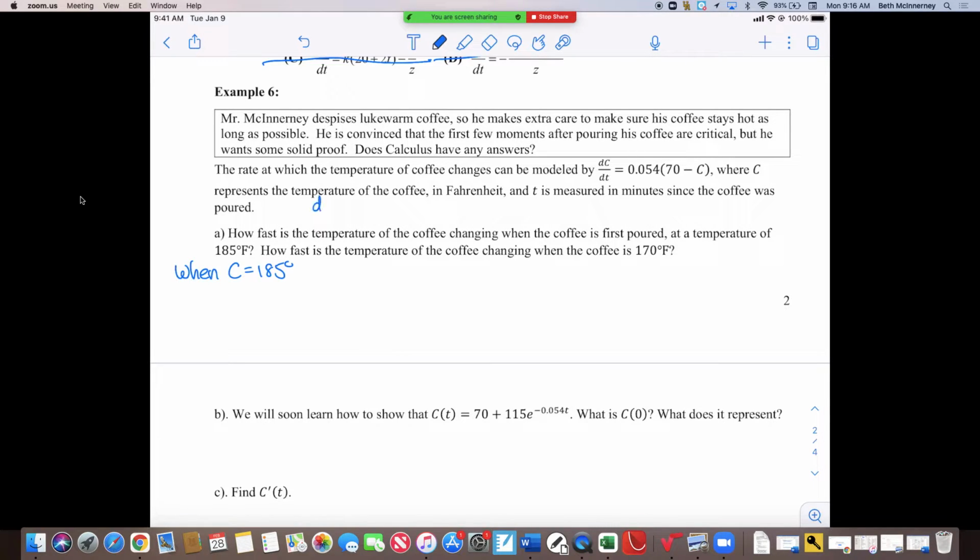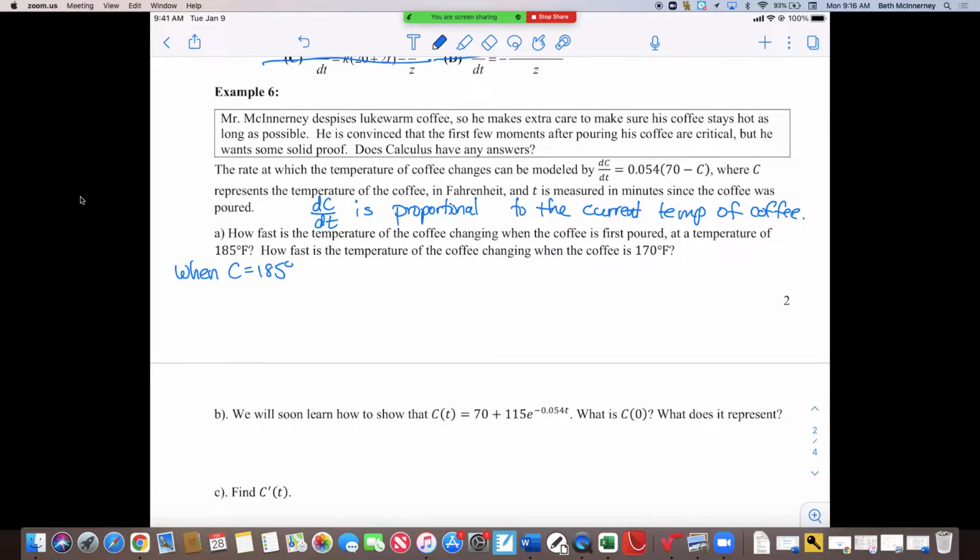While I'm letting you grab those, do you notice by the equation that dC/dt is proportional to the current temperature of the coffee? This is what that equation is saying.